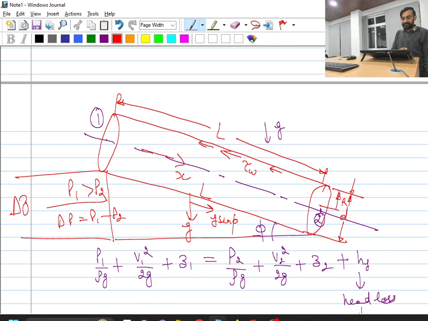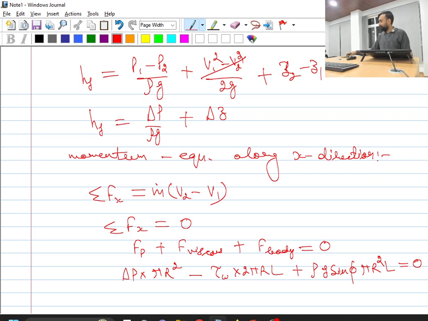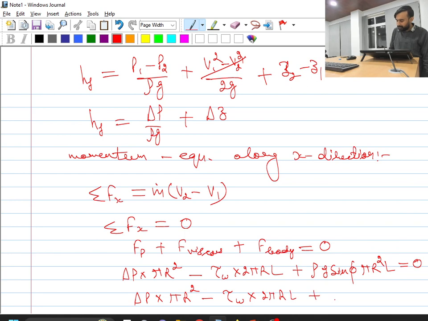So I can say that delta Z is equal to L sine phi. So L sine phi I can replace with delta Z. Okay. So ultimately I will be getting that delta P into pi r square minus tau W into 2 pi RL plus rho G delta Z into pi r square equal to 0.